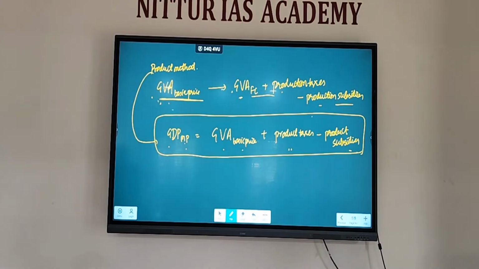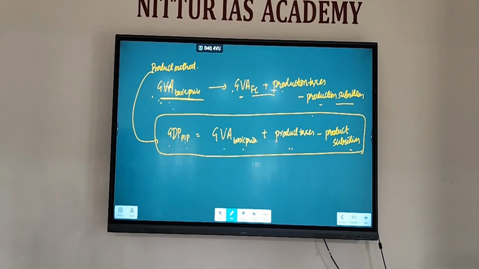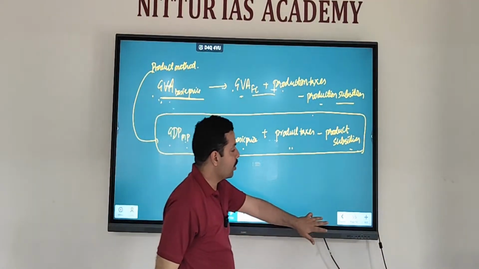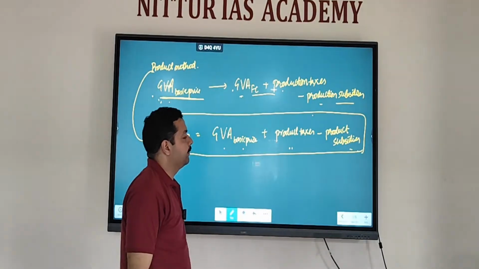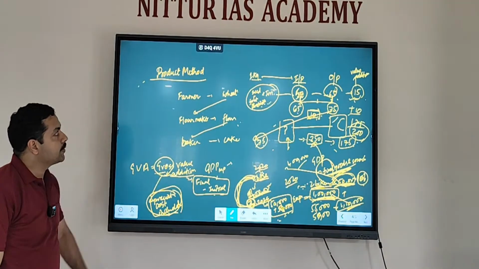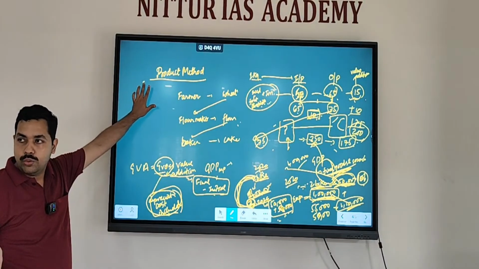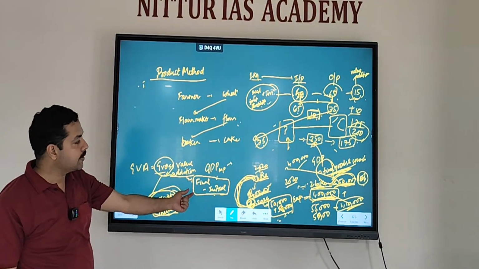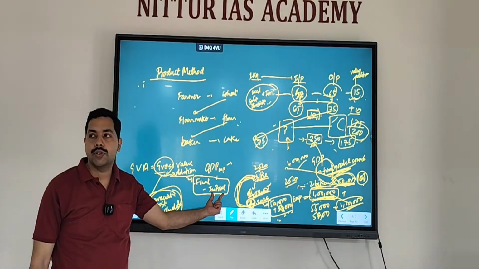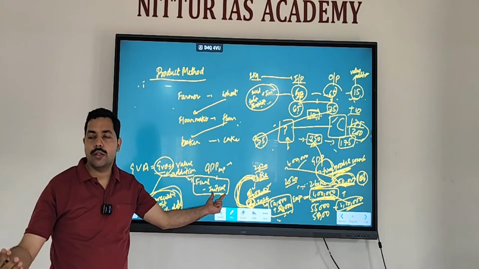Fine. Any doubt regarding this particular thing? What you have to keep in mind is we are taking the final product. It is also referred to as the product method, also referred to as the value addition method. What we are taking is the final one and deducting the intermediate or initial.